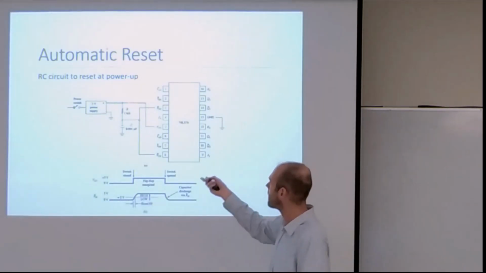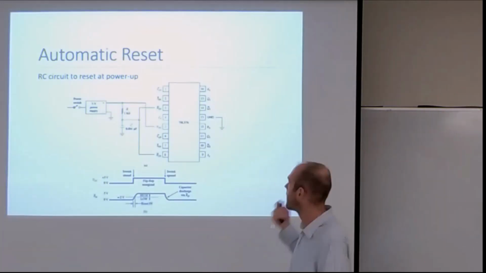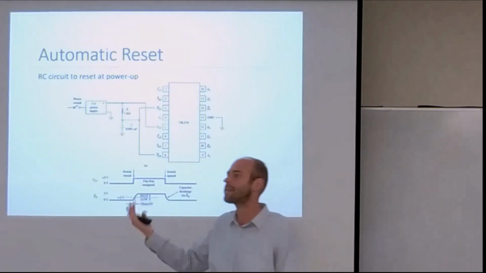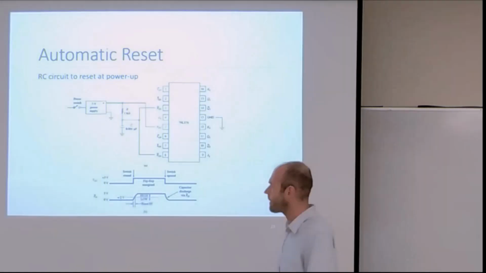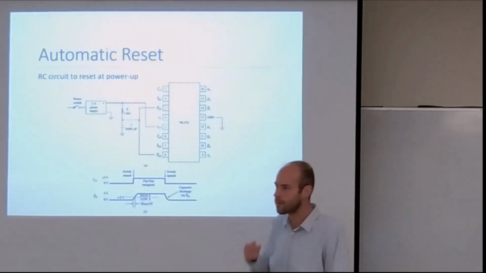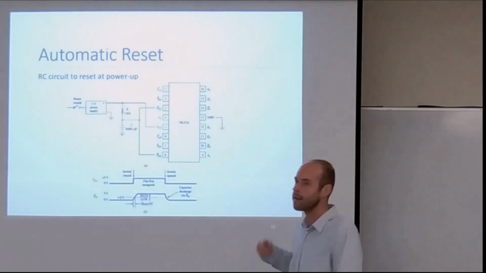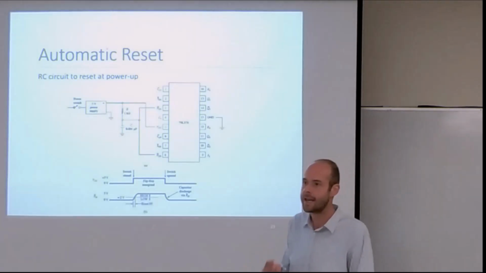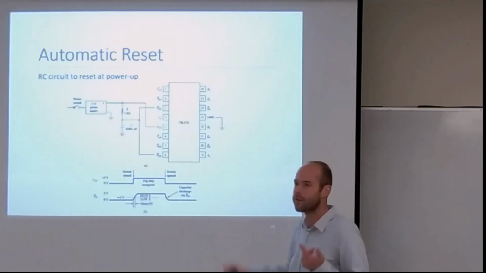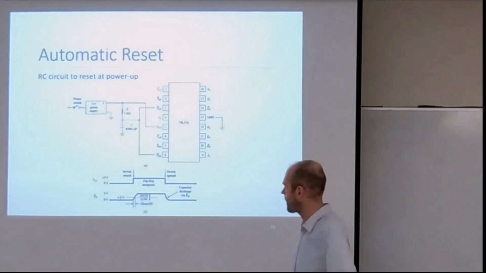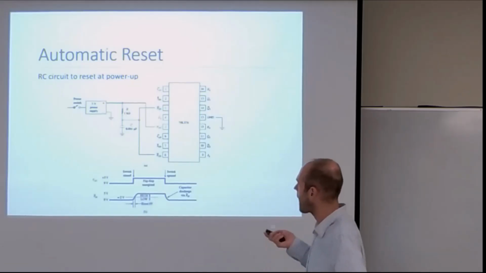So that's just a capacitor resistor setup to allow you to start your counters at 0, at a known value. If you flipped on your Arduino Mega, all of the counters on that system start at 0. So they likely have some circuitry that ensures that is the case. You don't want counters that start at a bunch of random numbers. It adds a lot of unknown complexity to how you need to code and interact with them.